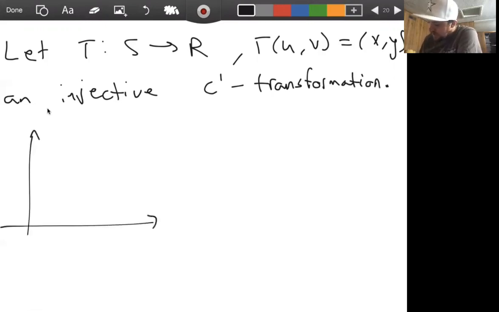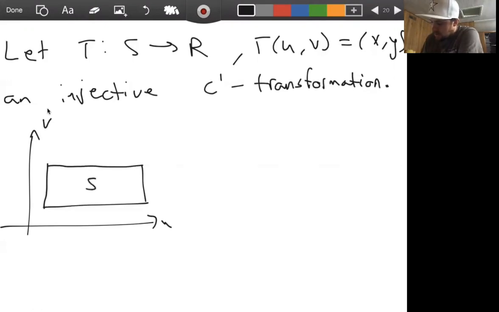So we have the UV plane, and let's imagine we have a very minuscule rectangle of the region S here, where this side length is given by delta U, and this side length is given by delta V. And let's say that the lower left corner of this rectangle is the point U0, V0.